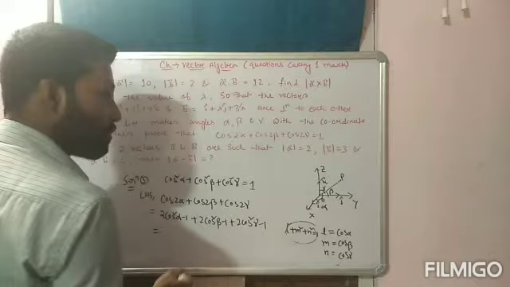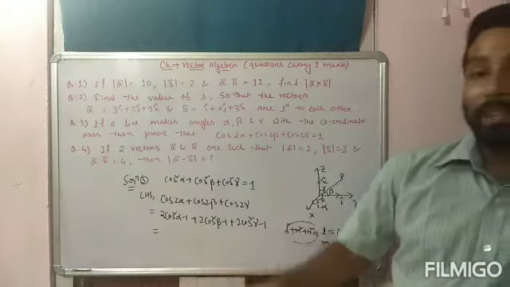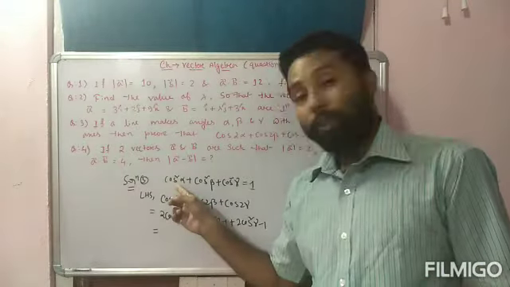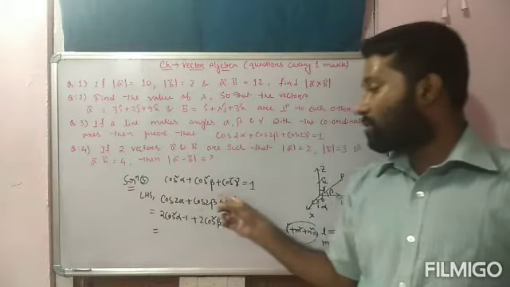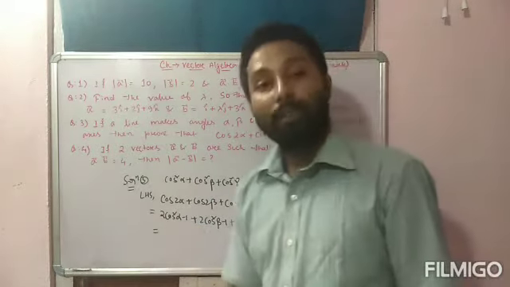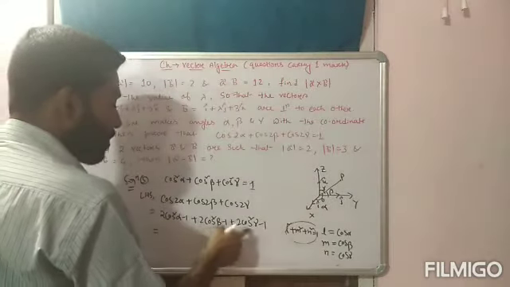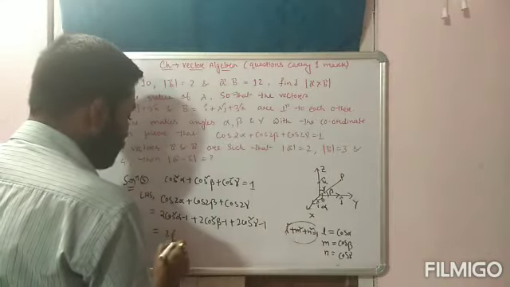Why I am applying this formula? Actually cos 2 theta का तो total 4 formulas है, लेकिन यही मैं use क्यों कर रहा हूँ? Because we know the relation, that is cos square alpha plus cos square beta plus cos square gamma is equal to 1. So then we can put the value of this relation here only. So 2 cos square alpha plus 2 cos square beta plus 2 cos square gamma, take 2 common.